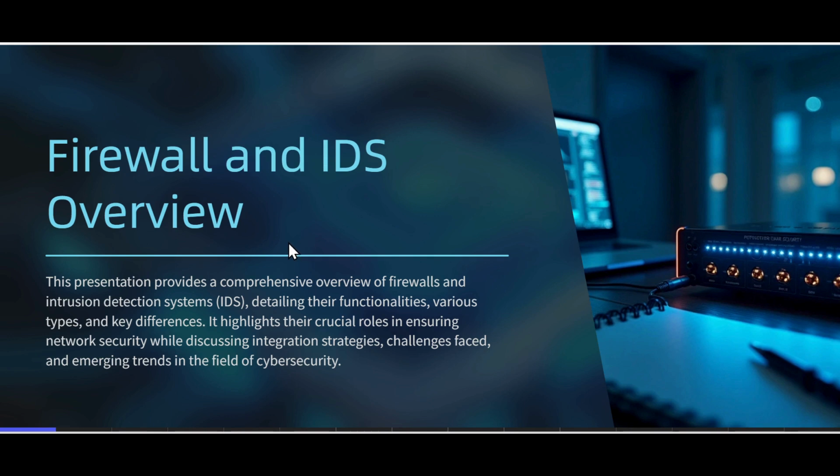A firewall acts as a first line of defense, controlling which traffic is allowed to enter or leave a network. And an IDS, on the other hand, continuously monitors activities to detect suspicious or malicious behavior that might bypass the firewalls.